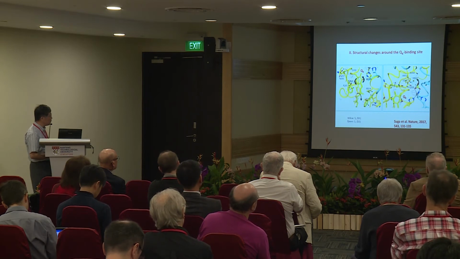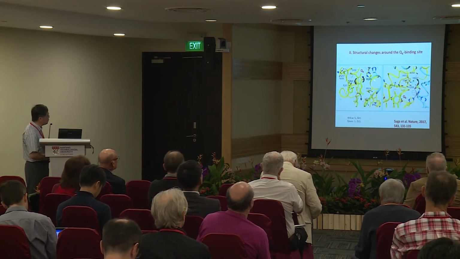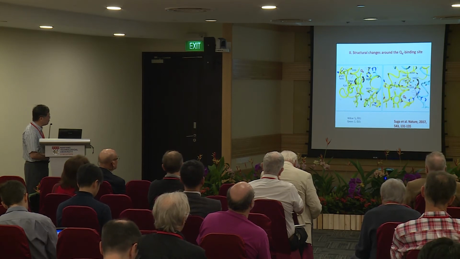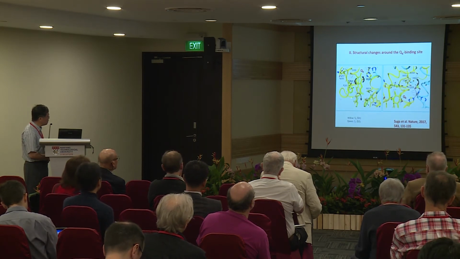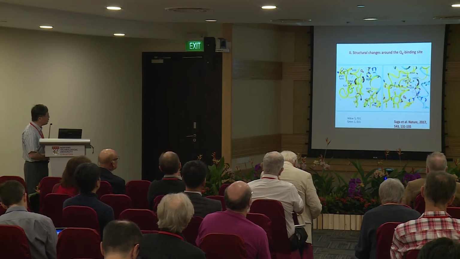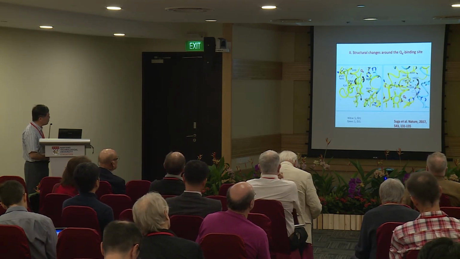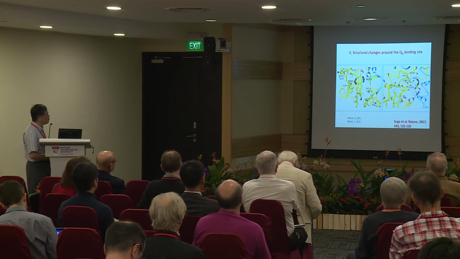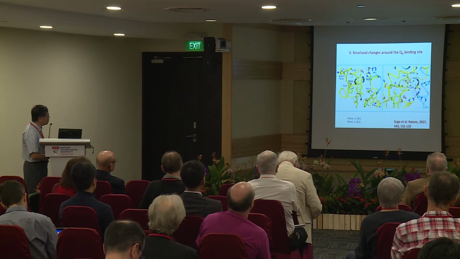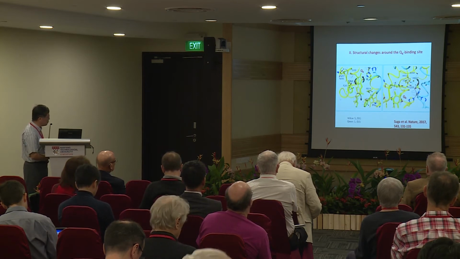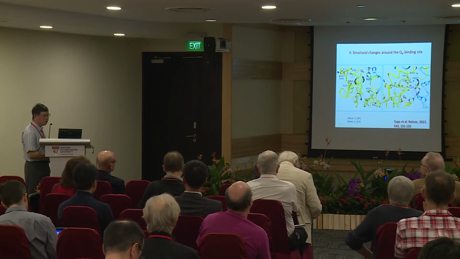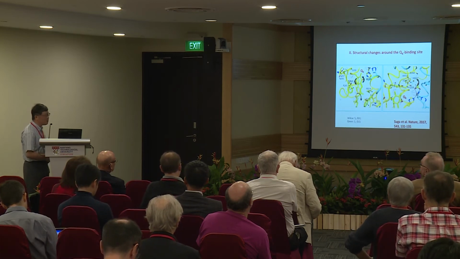The second structure change we observe is around the QB electron acceptor. Here, there is some positive electron density and a negative electron density. So this QB molecule is rotated slightly in this direction, making a hydrogen bond. This hydrogen bond was originally present, but after two-flash illumination it becomes shorter, making it stronger.